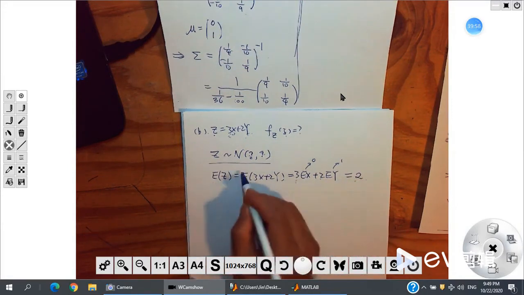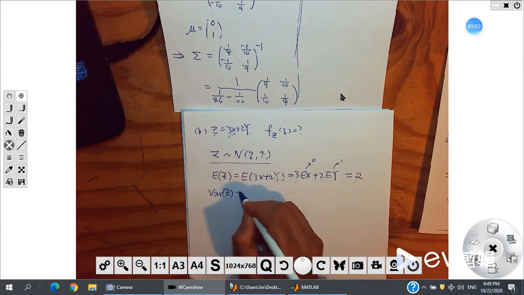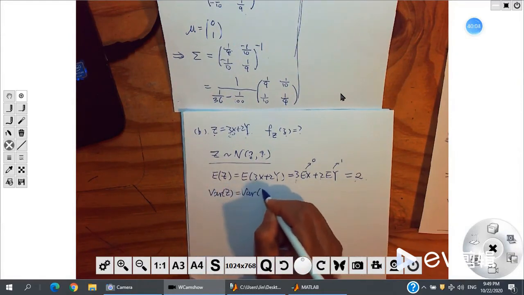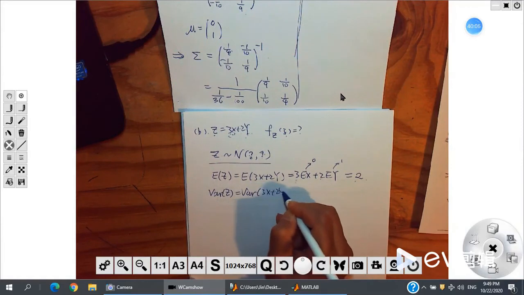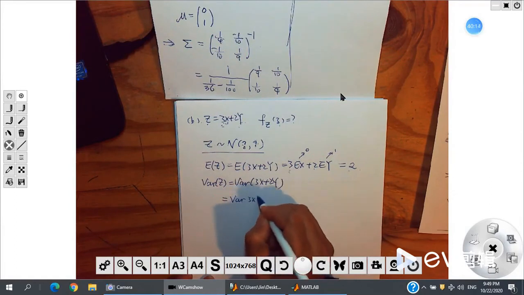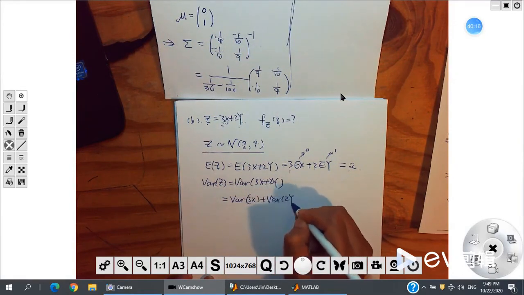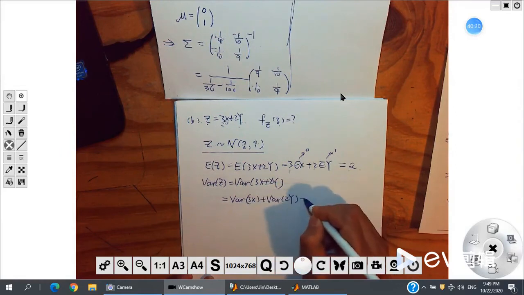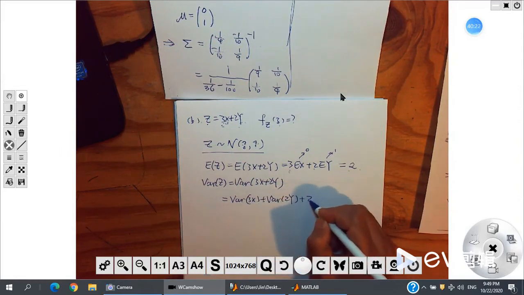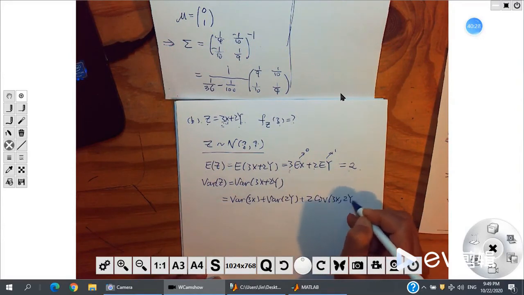And then variance. Variance of Z now is variance of 3x plus 2y. So this should be variance of 3x plus variance of 2y plus 2 times the covariance of 3x and 2y. We can calculate like this.